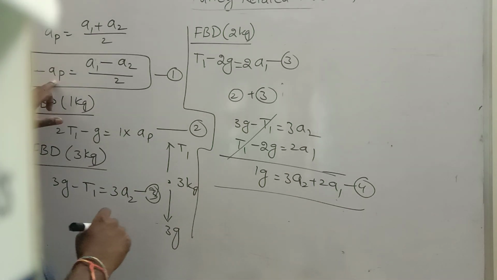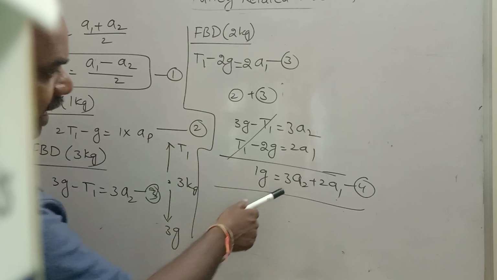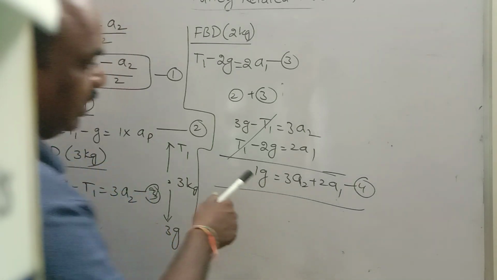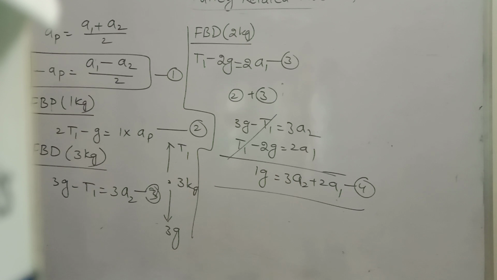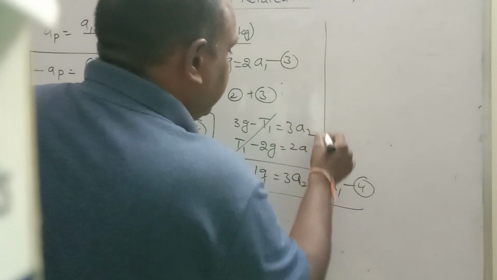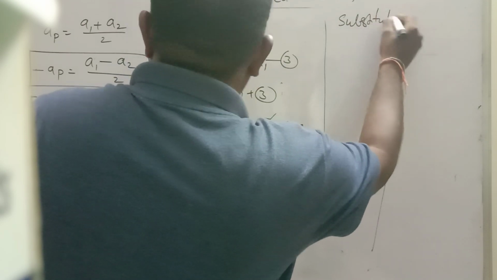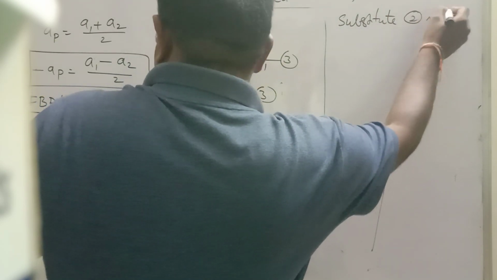The acceleration of the pulley, we know the value: (A1 minus A2) by 2. And the relation between the accelerations: 3A2 plus 2A1 is equal to g. Now we will solve this. Now simplify these two, children. From this, AP is equal to what? 2T1 minus g. Substitute 2 in 1.